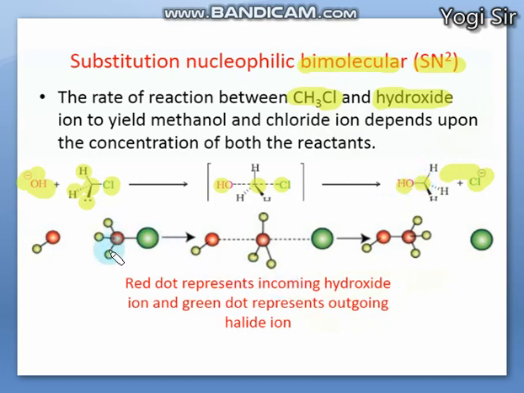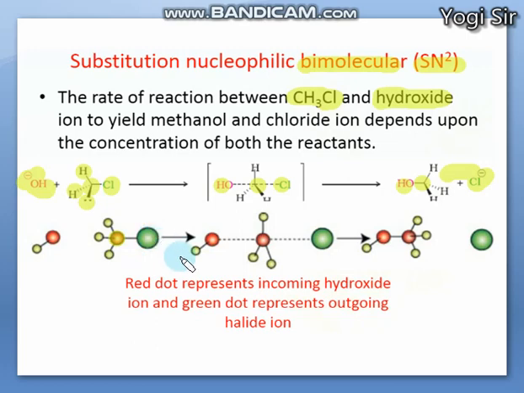It is also represented here. This is the hydroxyl group, oxygen is negative, and this is hydrogen, OH minus. You can see the central carbon atom, these three hydrogens, and this larger green sphere, that is chlorine.